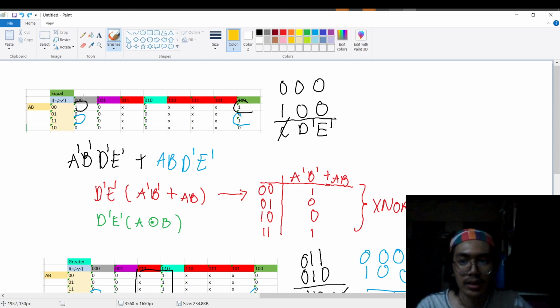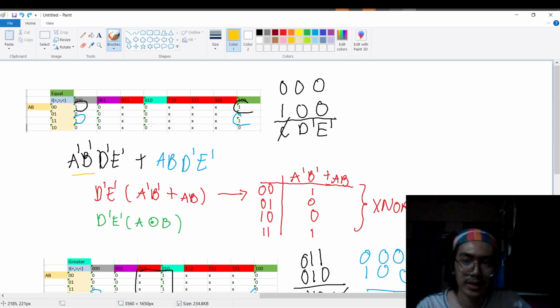As you can see, since AB is constant right here, and the only thing that changed is the CDE, we compare them, and we can see that D prime and E prime remain the same, remain 0 all out. And now we combine that to the literal form of 0, 0, which is A prime, B prime, D prime, and E prime. So that is for the black group right here.